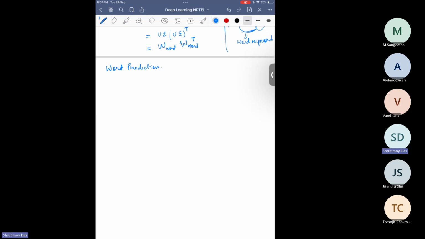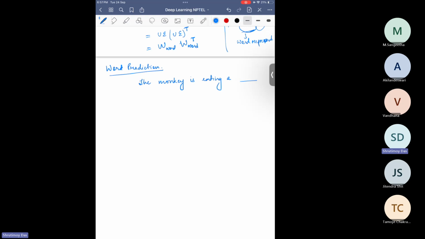So suppose I write "the monkey is sleeping" and I want to predict this word. Some machine learning model should know that the monkey only eats a few things.